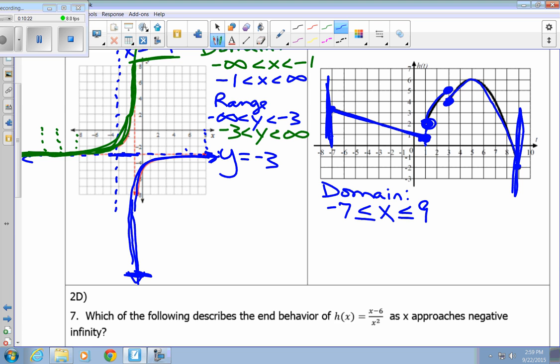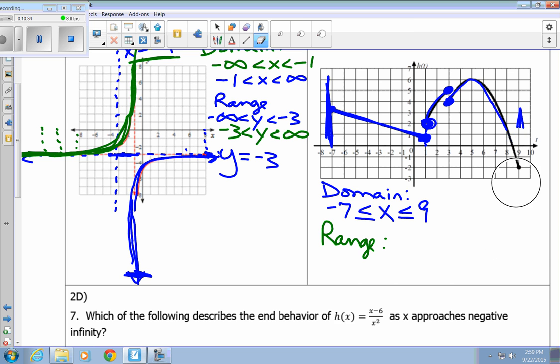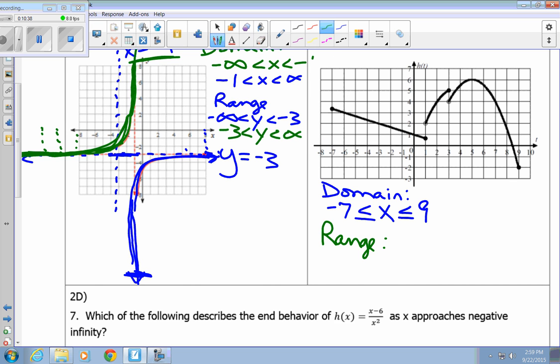The range. The range is the lowest point, lowest coordinate to the highest coordinate. So the lowest point that I see on the graph is down here at 9, -2. The y value is at -2. That's where we're going to start. It is a filled in circle, so it's equal to.